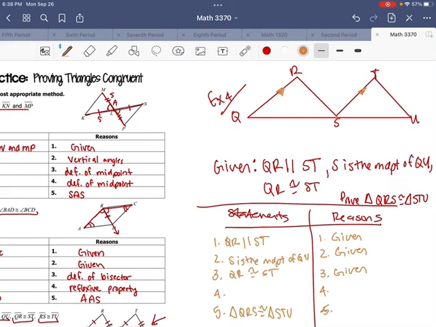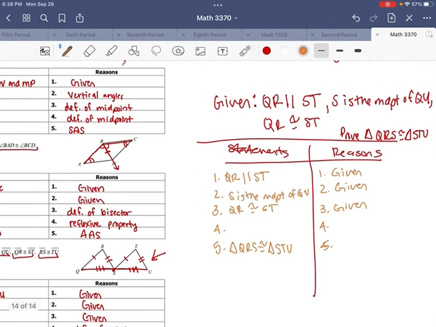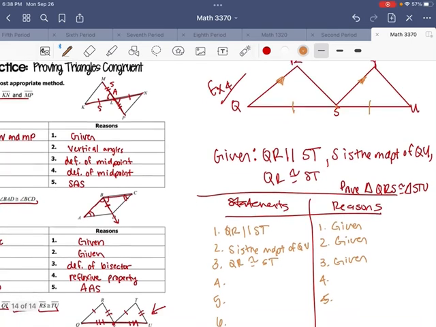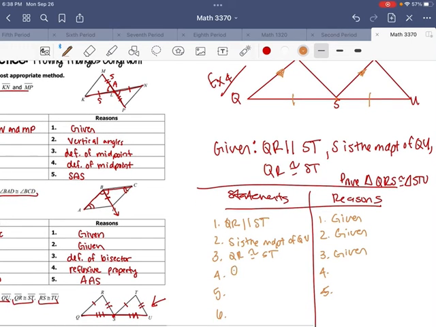So that's what's going to go on my last blank. You know what? I am missing a blank. I'm going to need number 6. So I need to erase that. So QS is congruent to SU, definition of midpoint.